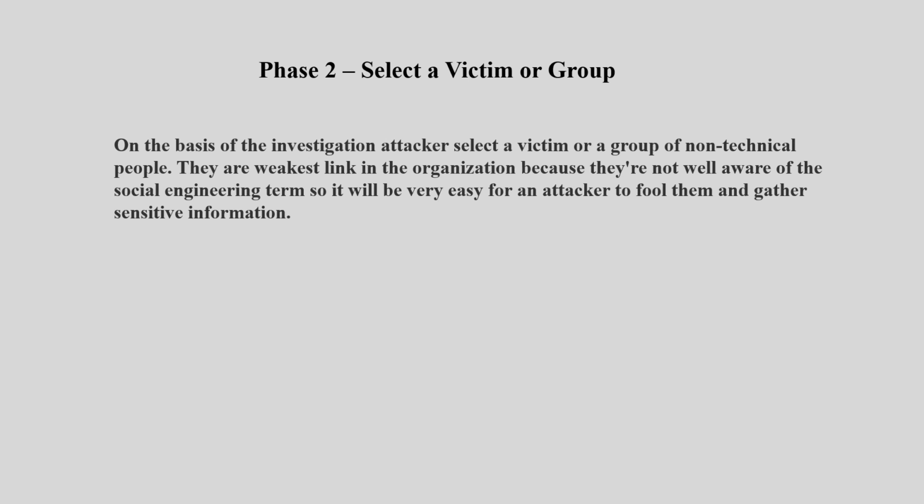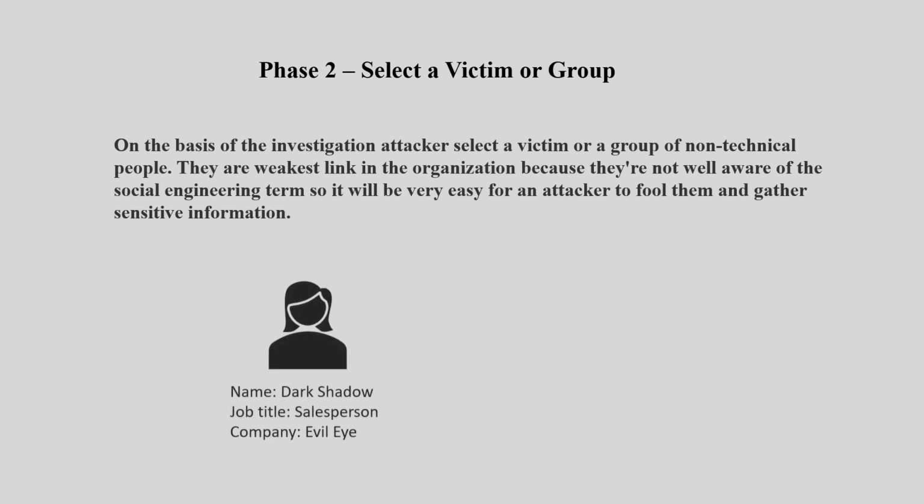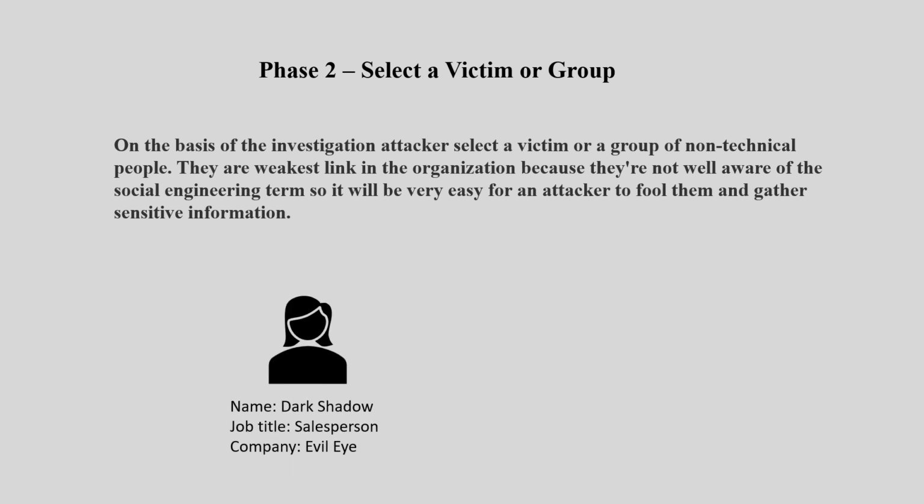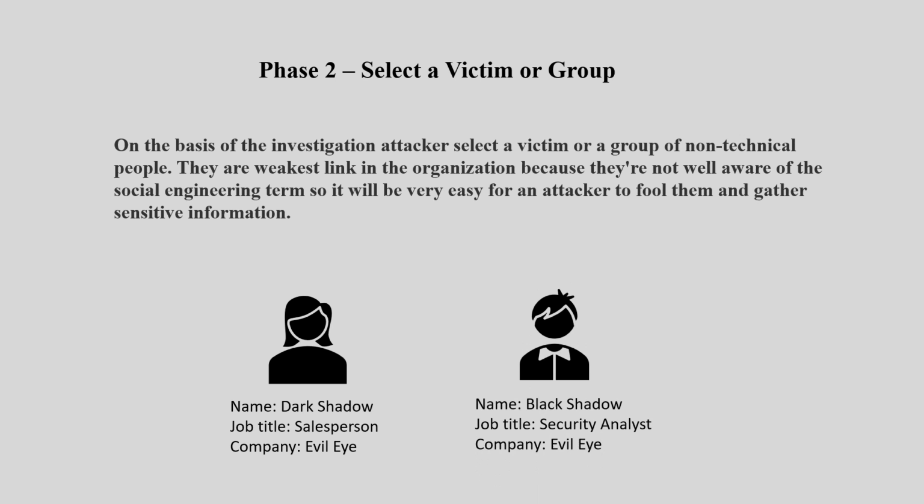So let's see. We have this Dark Shadow and she is working with Evil Eye and her job title is salesperson. And we have another employee from Evil Eye and his name is Black Shadow and he's a security analyst. So in this case, who is the weakest link in the organization?